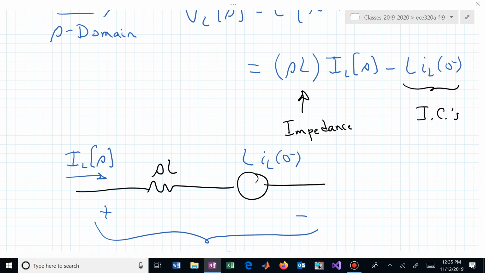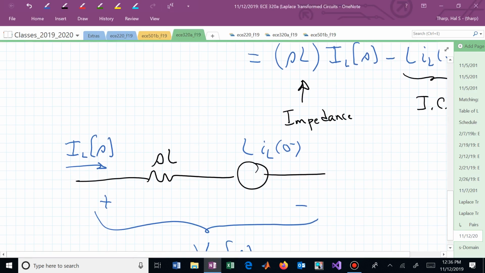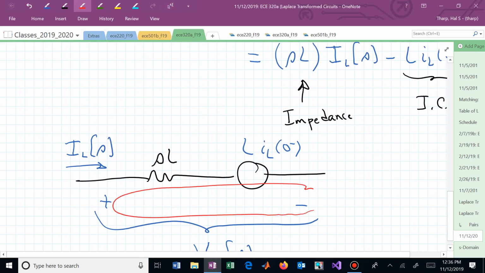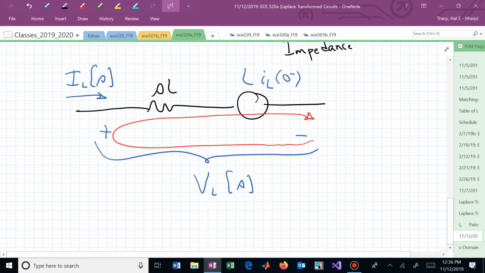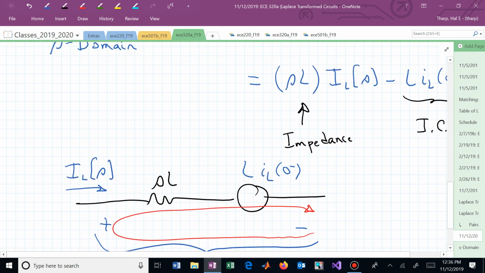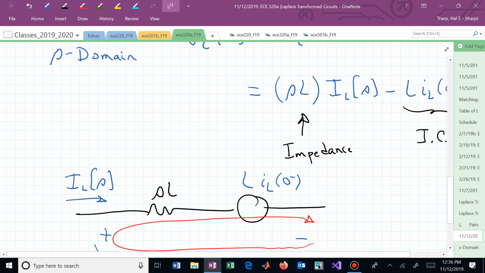What I like to do is simply think about this in terms of a KVL and just do a KVL around that little loop, which allows us to say that we have minus V sub L of S plus SL times I sub L of S. And now we actually need it to be minus, so that tells us that we need this minus plus.